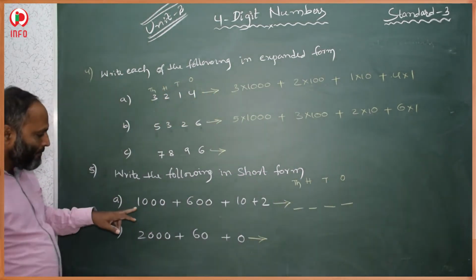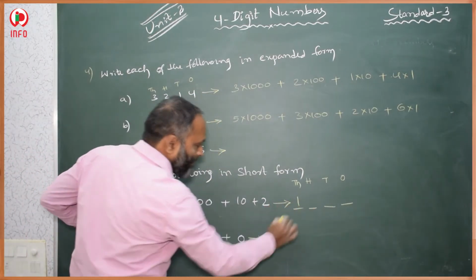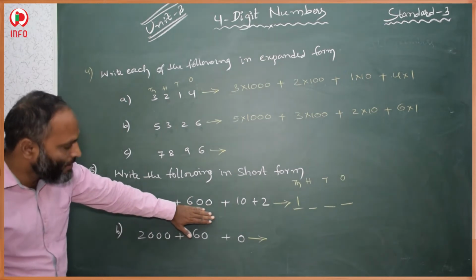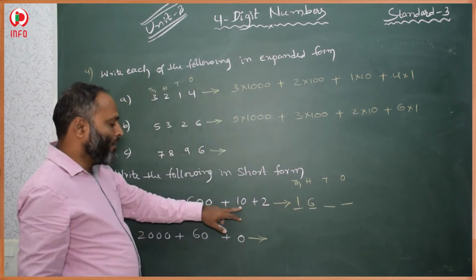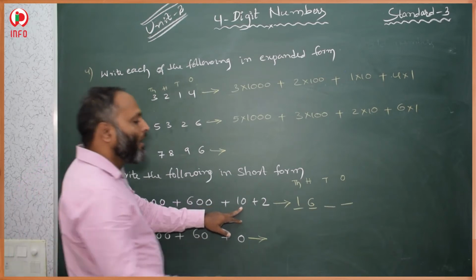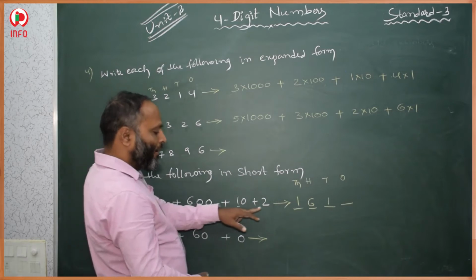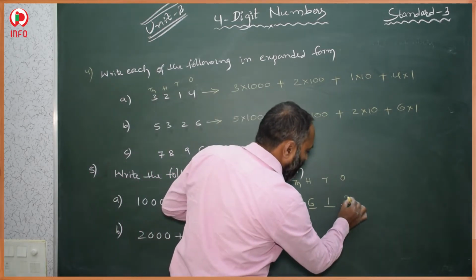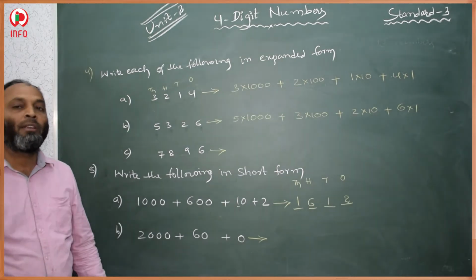1000 means here 1 is in thousands place. This is 600, 6 is in hundreds place. Then 10 means in tens place 1, here 1. Here in ones place 2, here 2. 1612.